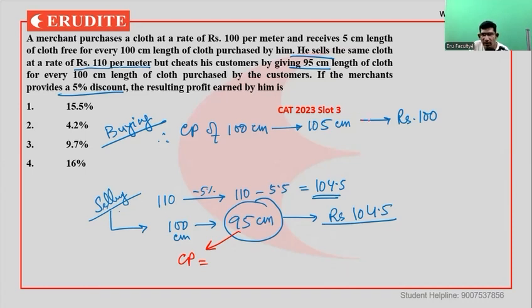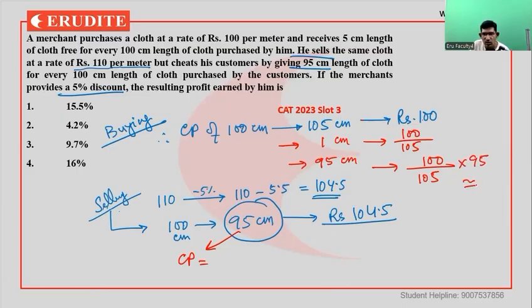His cost price for 105 centimeters is 100. So I can say the cost price for 1 centimeter is 100 upon 105. And therefore, the cost price of 95 centimeters will be what? Basic unitary method: 100 by 105 into 95. So you calculate, it will be roughly 90.5.